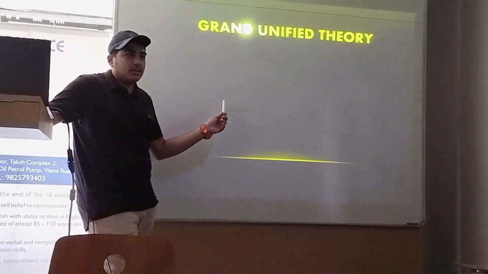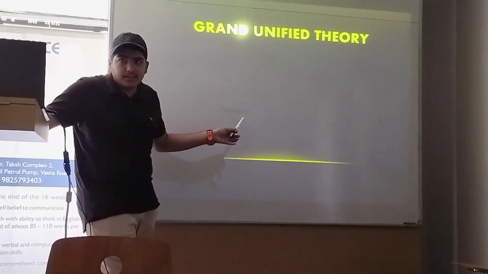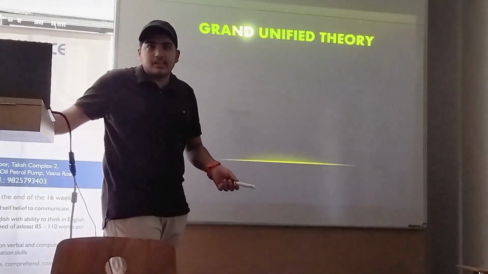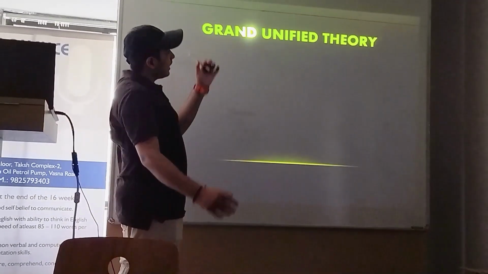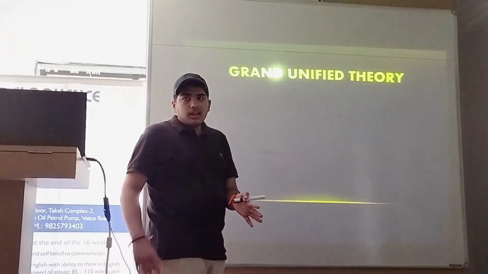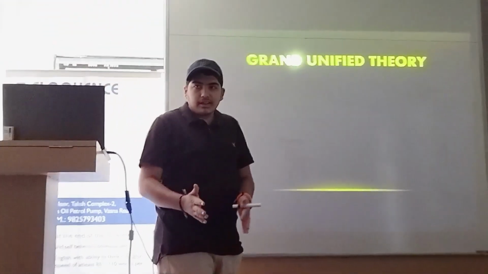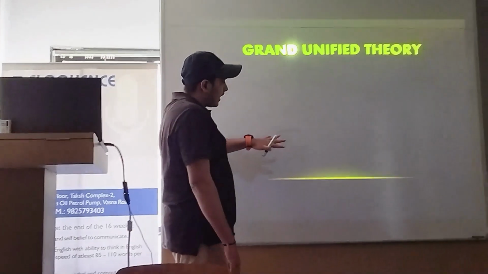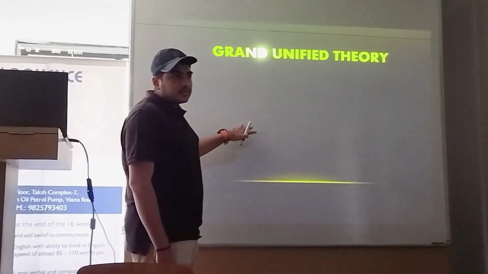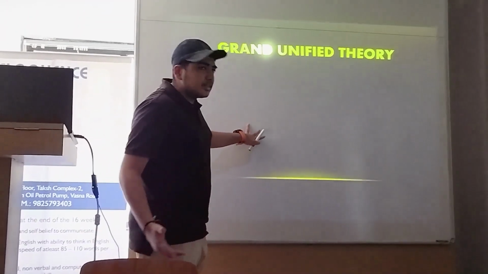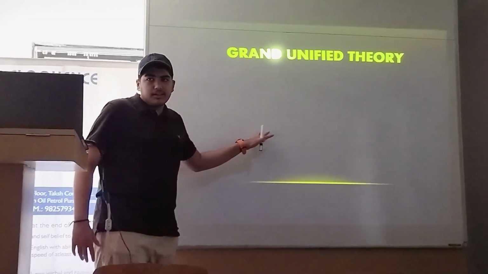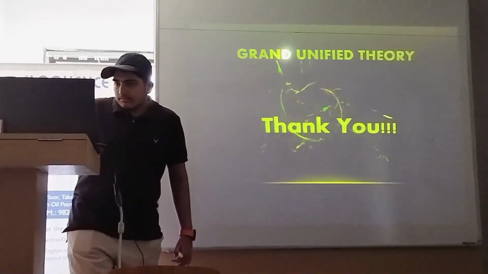That is what leads to criticism of string theory, that there is no grand unified theory of all the forces. If there was a grand unified theory of all the forces, string theory would work right away. This is where scientists have reached a dead end, and still more than 1 million scientists are working on this grand unified theory.